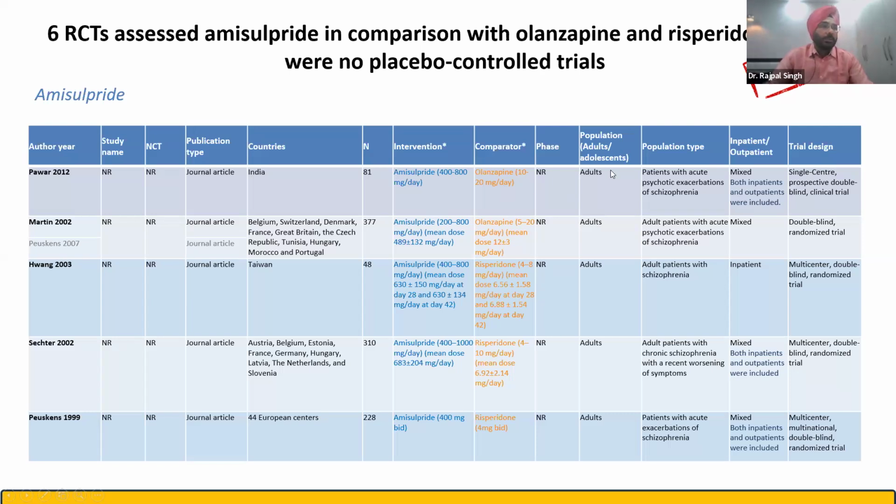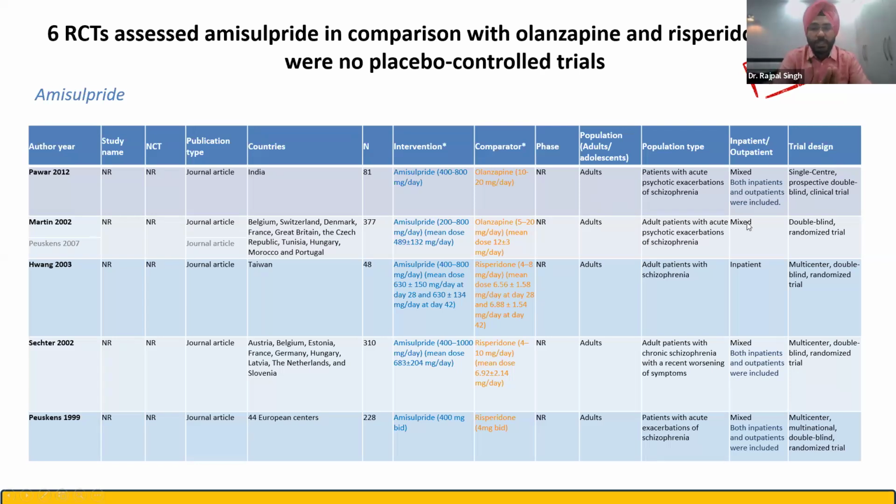Then if phase is reported, then population, whether there are adults, adolescents, geriatric patients, or only females or males, we also populate that. Then what is the population type? How the patients were included in the clinical trial is there in the systematic literature review. Whether it was an inpatient or outpatient study.